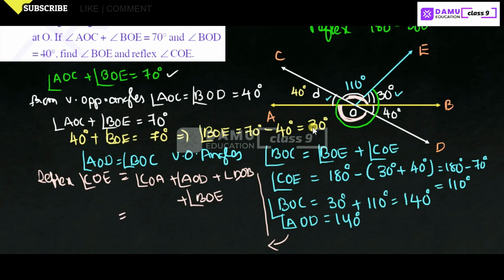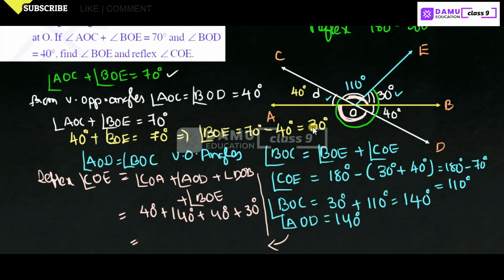This is the sum of all the angles. COA is 40 degrees, plus AOD is 140 degrees, plus DOB is 40 degrees, then 30 degrees. So 40 plus 40 is 80.